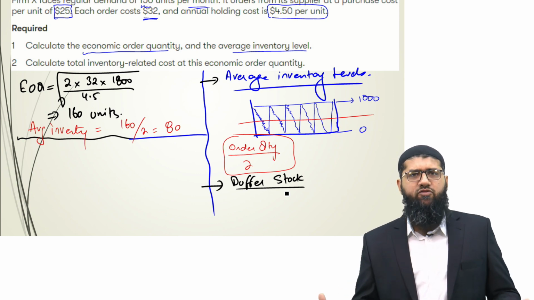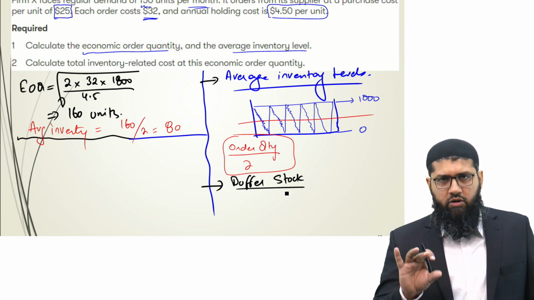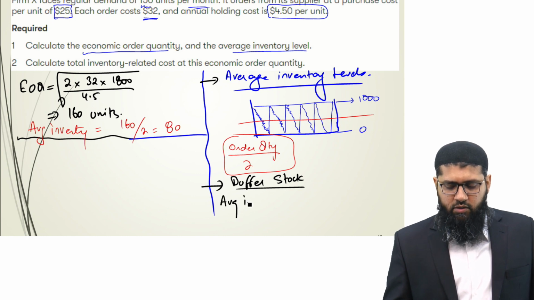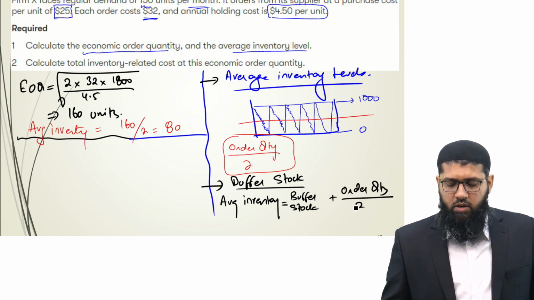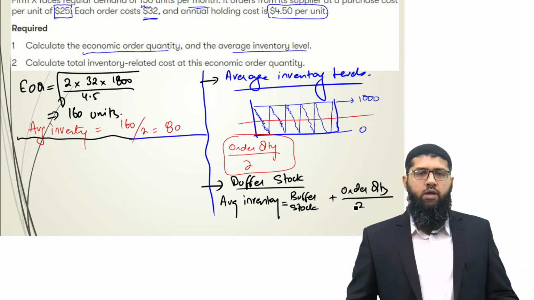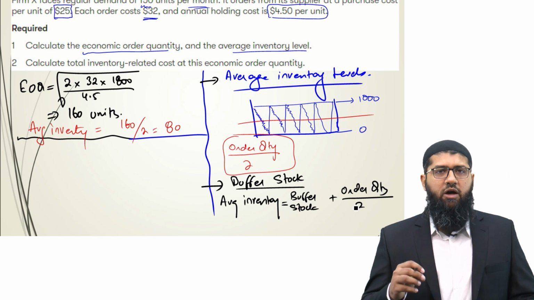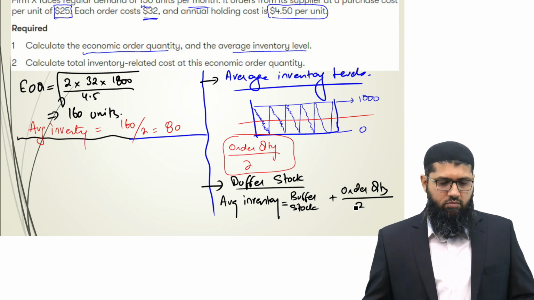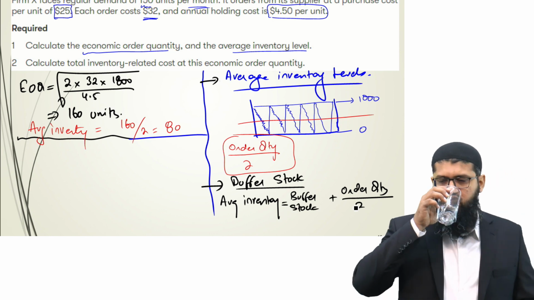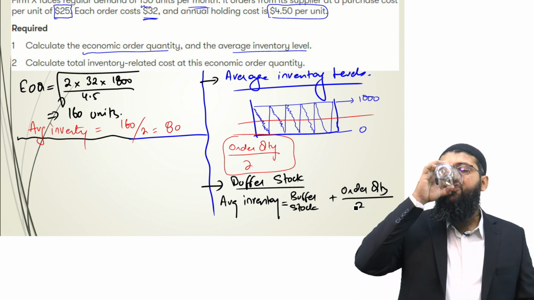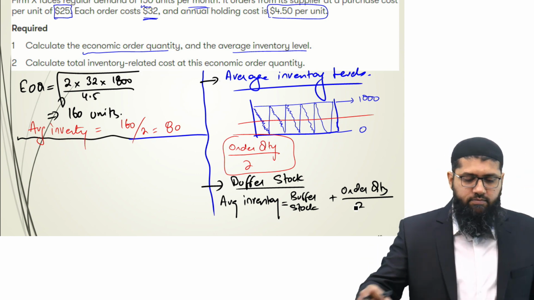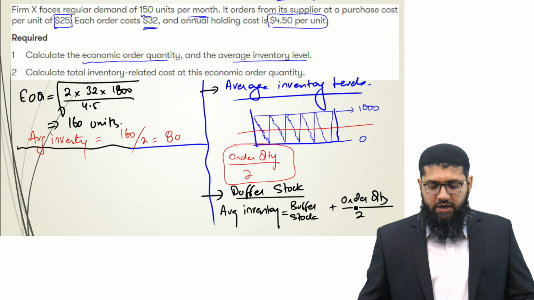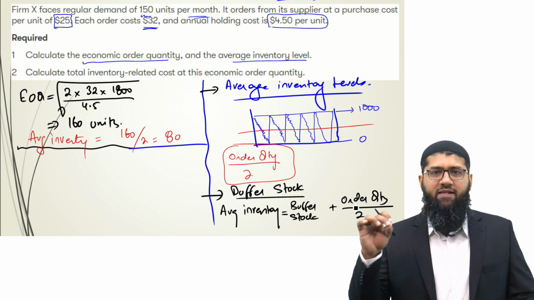So when you have some buffer stock, your average inventory is going to be buffer stock plus order quantity divided by 2.